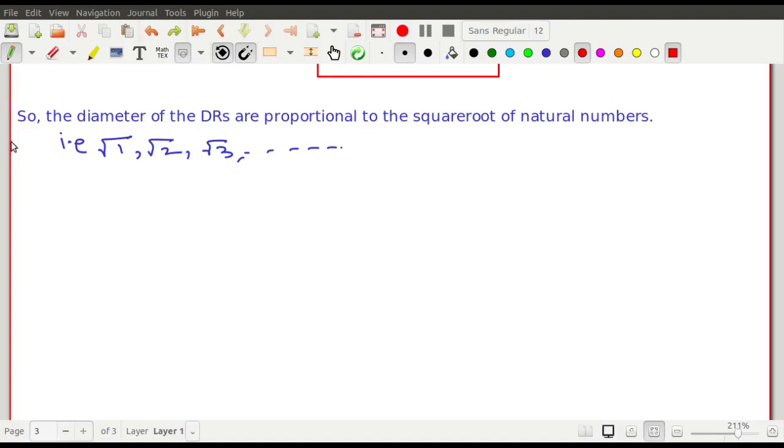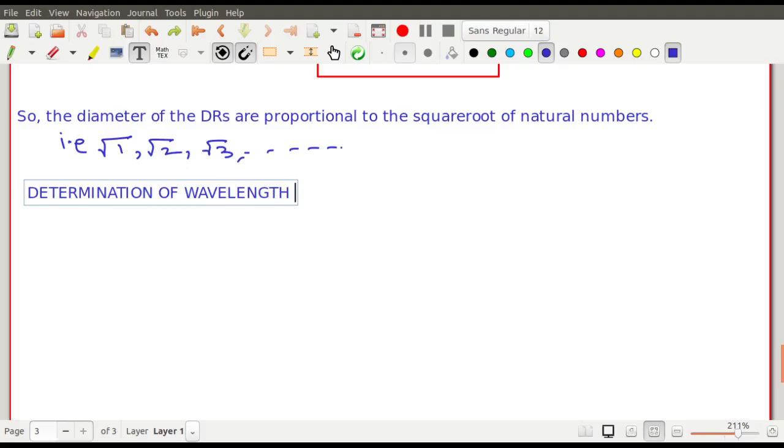First of all, I would like to put up the heading: determination of wavelength from Newton's ring arrangement.